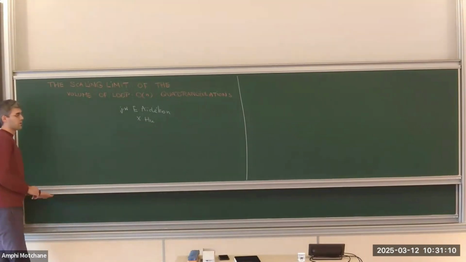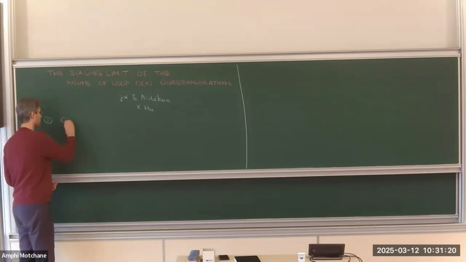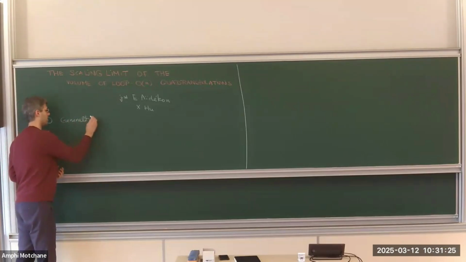I'm not sure what the background of the audience in general is, so I'm going to start by describing the general properties of the model. This is all going to be very basic.